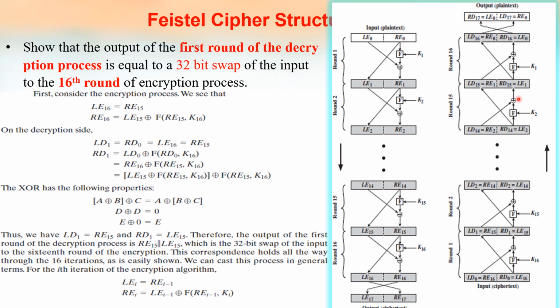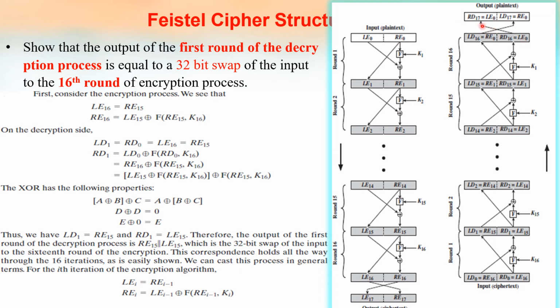Similarly, every round it will be same. So at the end, in order to get the plain text, here it is LE0, RE0, which is the plain text. So here it will be RE0, LE0. So after one swap of the two halves, we will get the plain text, which is LE0.